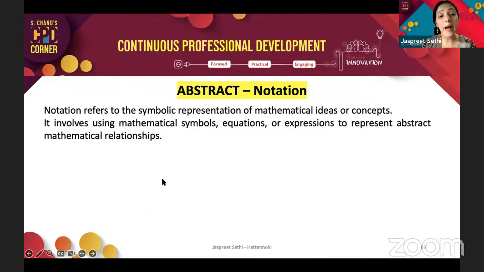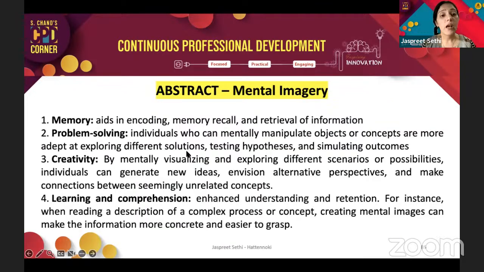So with all these abstract notations, and also mental imagery, this is possible only with concrete and pictorial coming in progression and leading into abstract. And when it leads to abstract, because of concrete and pictorial, we see better memory. It aids in encoding, better recall by students and retrieval of information.